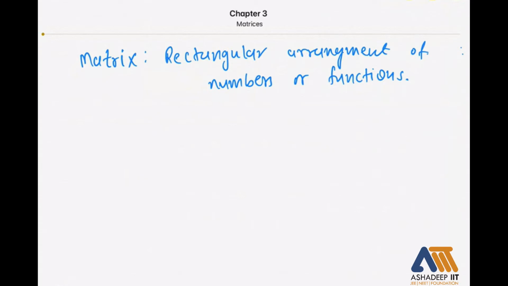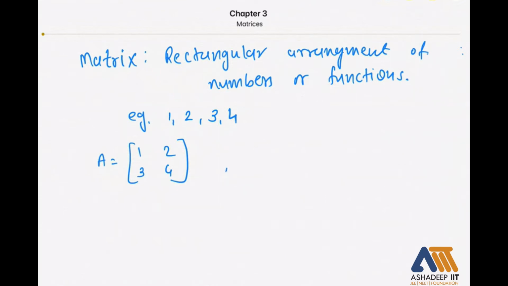Suppose I have 4 numbers, let 1, 2, 3, 4. If I arrange these 4 numbers in this way, 1, 2, 3, 4 in the square bracket, then it is said to be a matrix. It must be a rectangular arrangement.